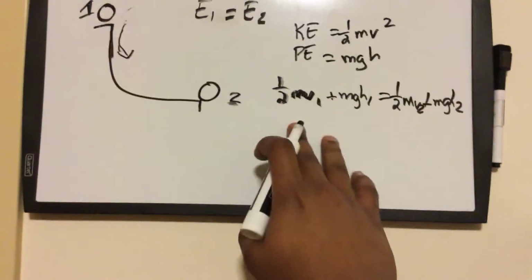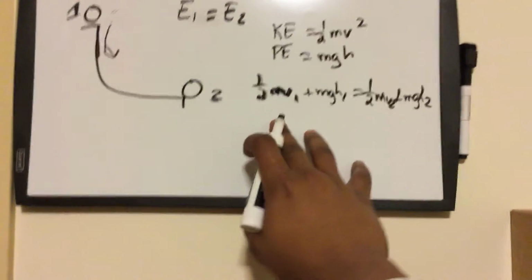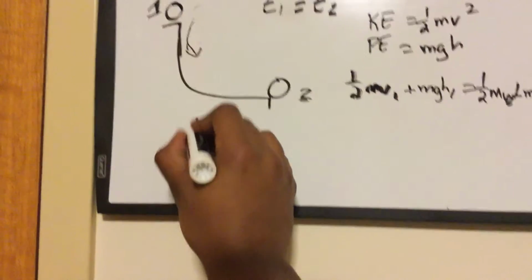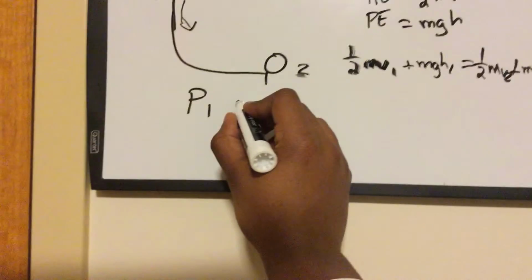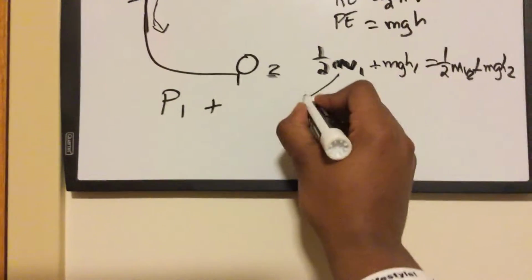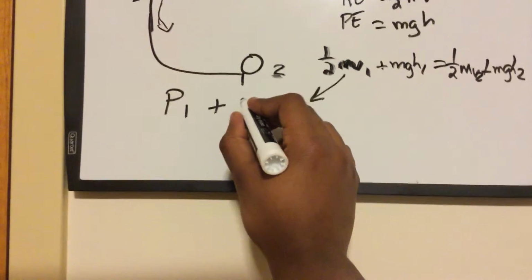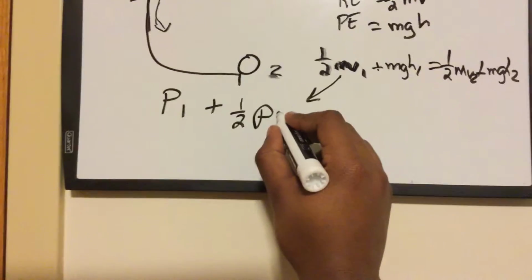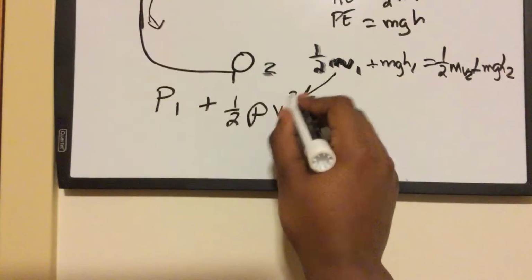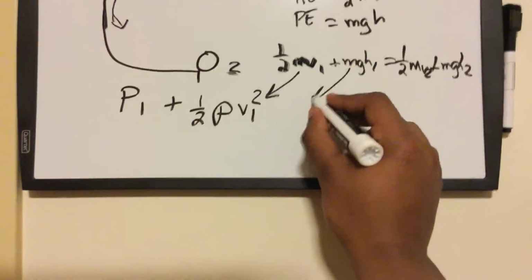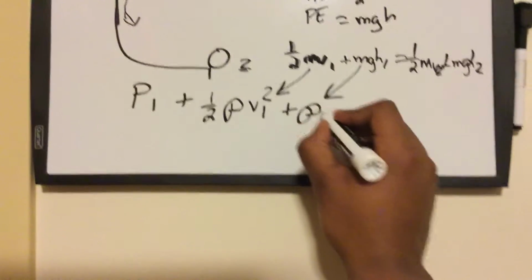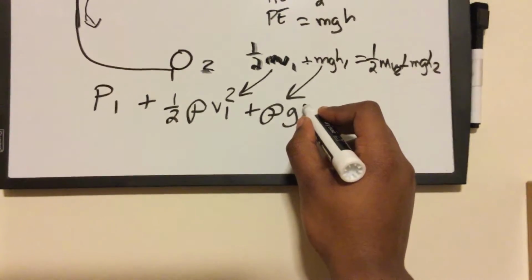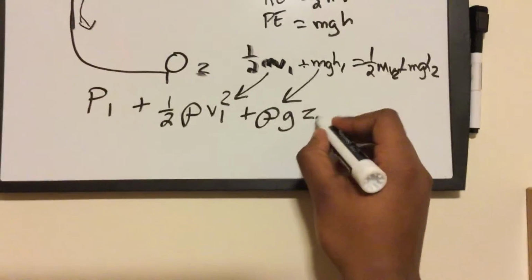If we look at the conservation of energy and adjust it more to fluids, we're going to have this: the pressure at state 1, plus the kinetic energy, which is going to be 1/2, and instead of the mass of the fluid, it's going to be density, times velocity 1 squared, plus, instead of mass, density times gravity times z. I'm going to use z because that is what the Bernoulli equation uses, but it's basically height.